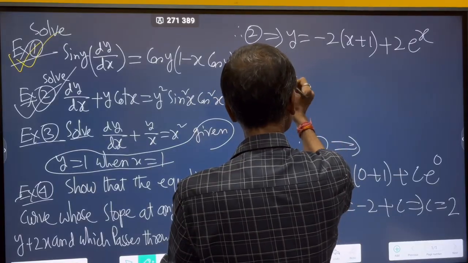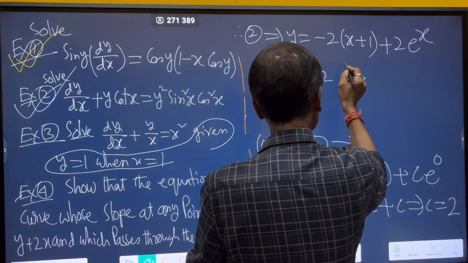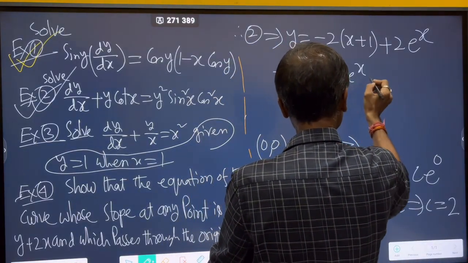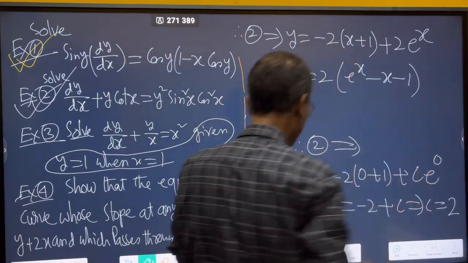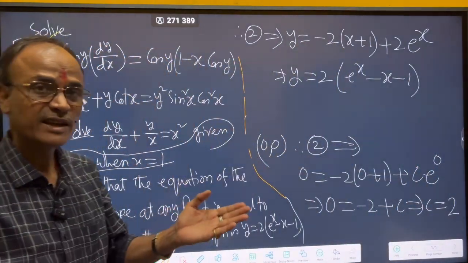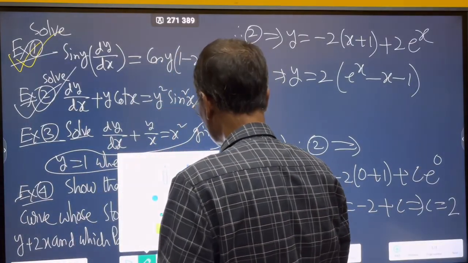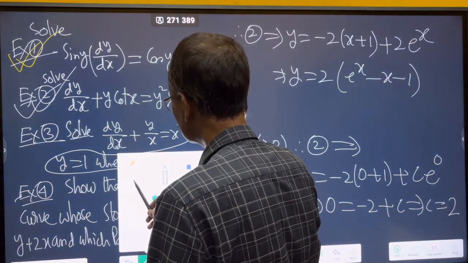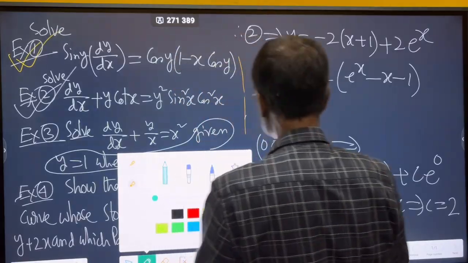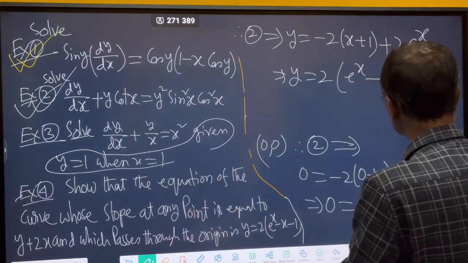This means y is equal to 2 times e to the power x minus x minus 1, which is the equation of the curve.